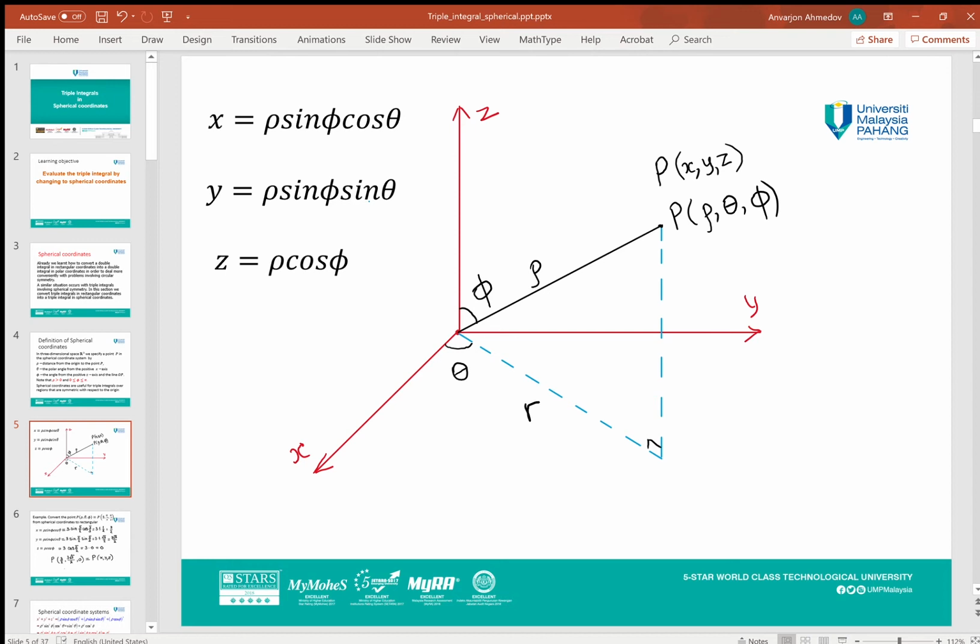As we said, rho is the distance from the origin to the point P, and phi is the angle between the line OP and the positive direction of the z-axis. Theta is the polar angle. If we project the point P to the xy plane, then we can measure theta using polar coordinates.